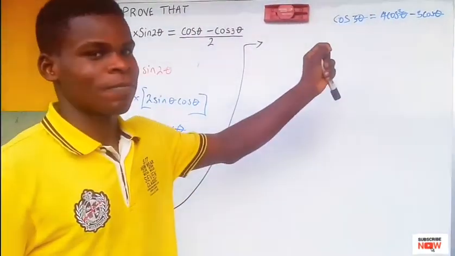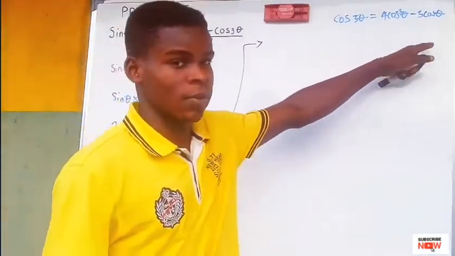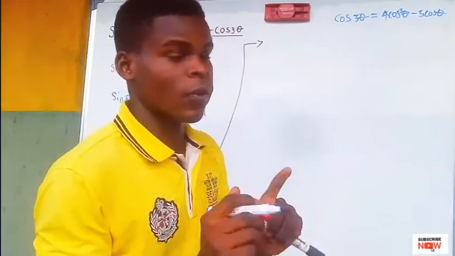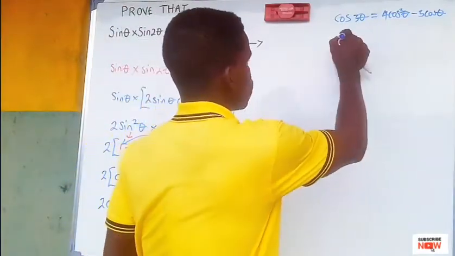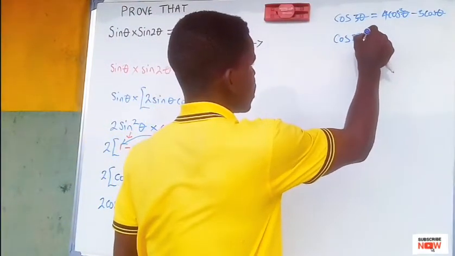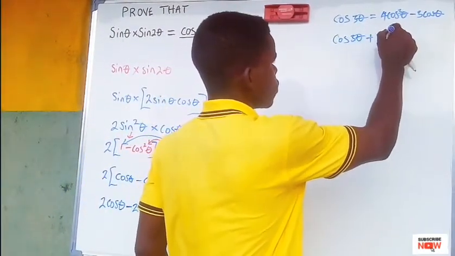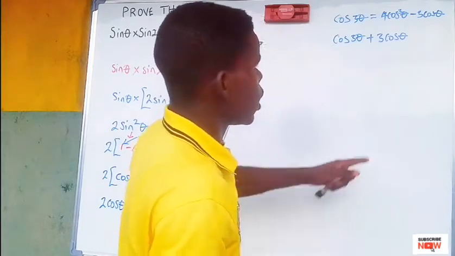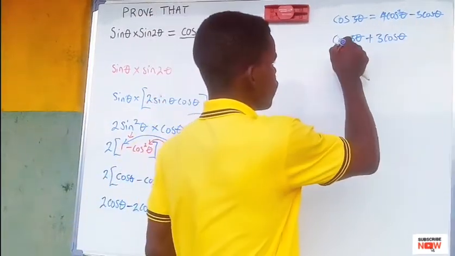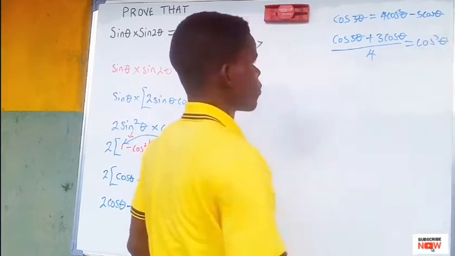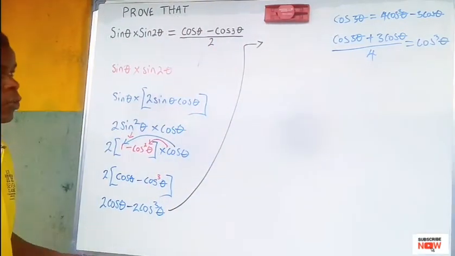If you understand this, in our next video we've done something on this. Having this, we make cosine cubed theta the subject of the formula. We have cosine of 3 theta plus 3 cosine theta, divided by 4, equals cosine cubed theta. So that is the value of cosine cubed theta.